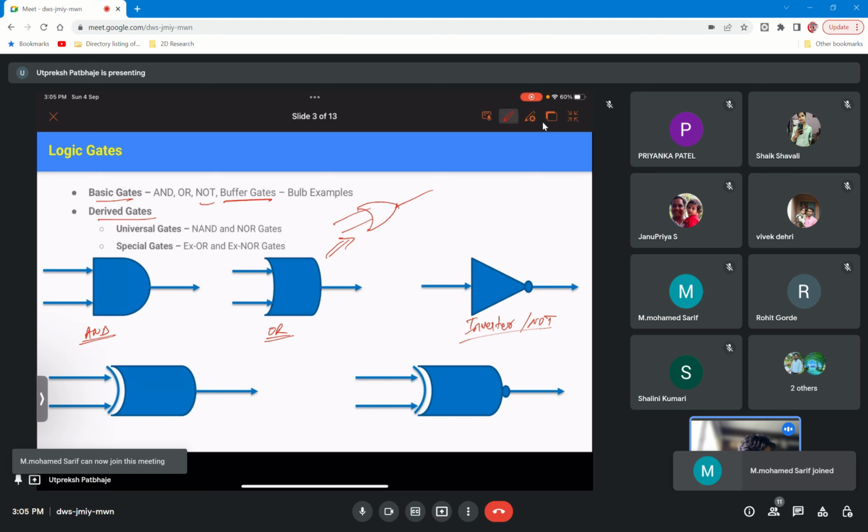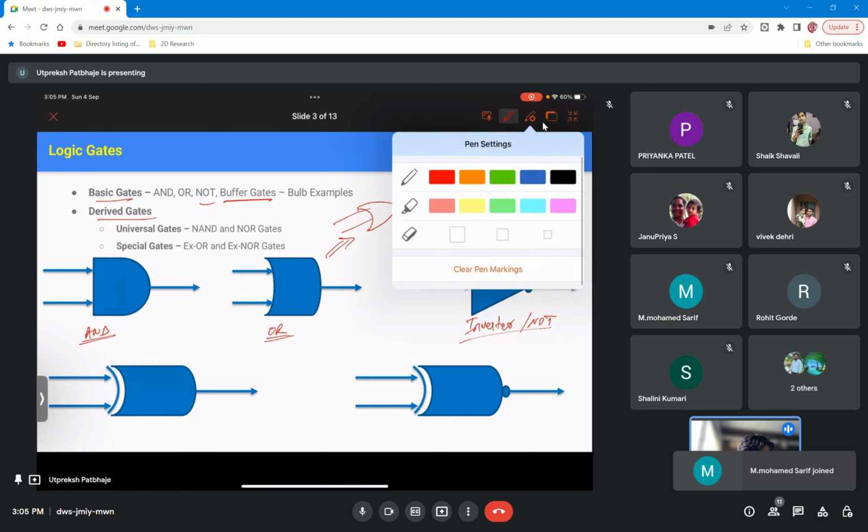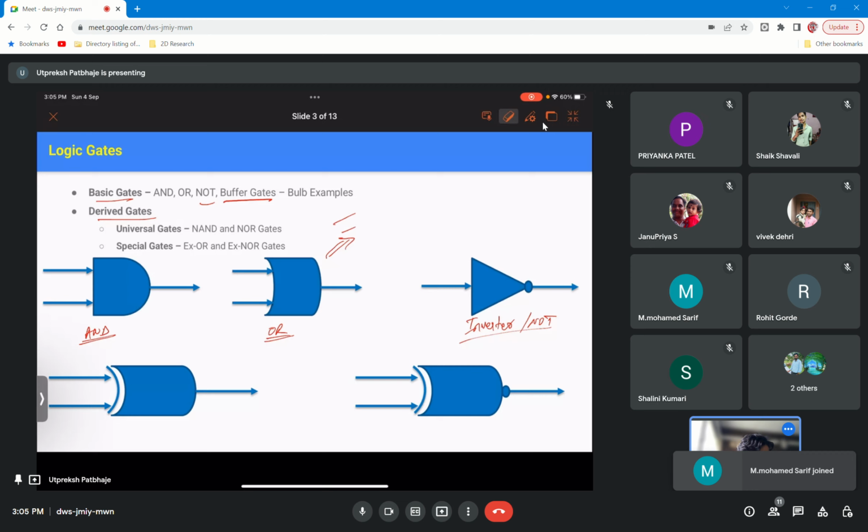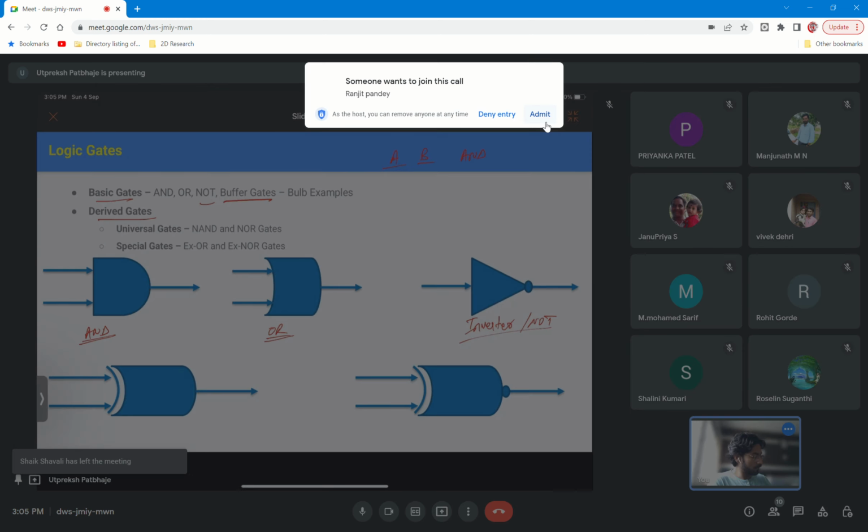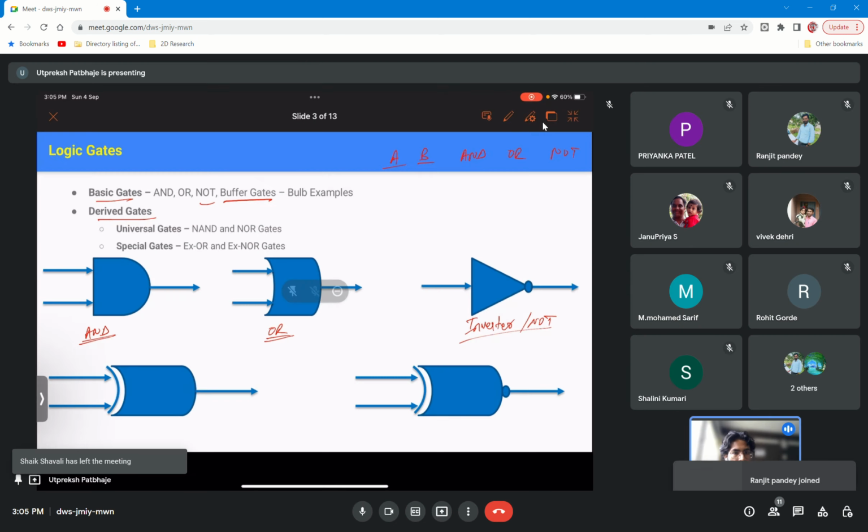Apart from knowing which is which gate, we should also be aware of its truth table and what function it applies on your Boolean functions. So for the AND operation, for a two variable truth table, for AND and OR, and for NOT, we will take the input to be only A. Let me write down the inputs that we will be taking.